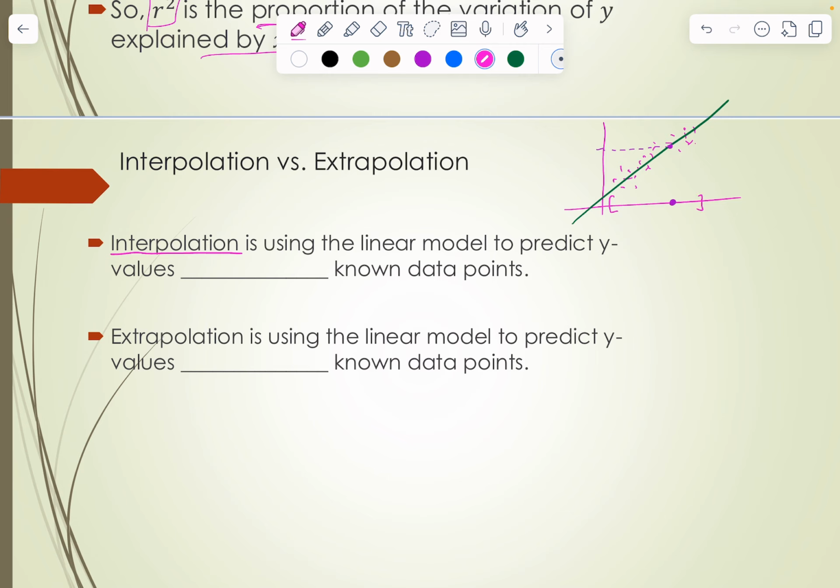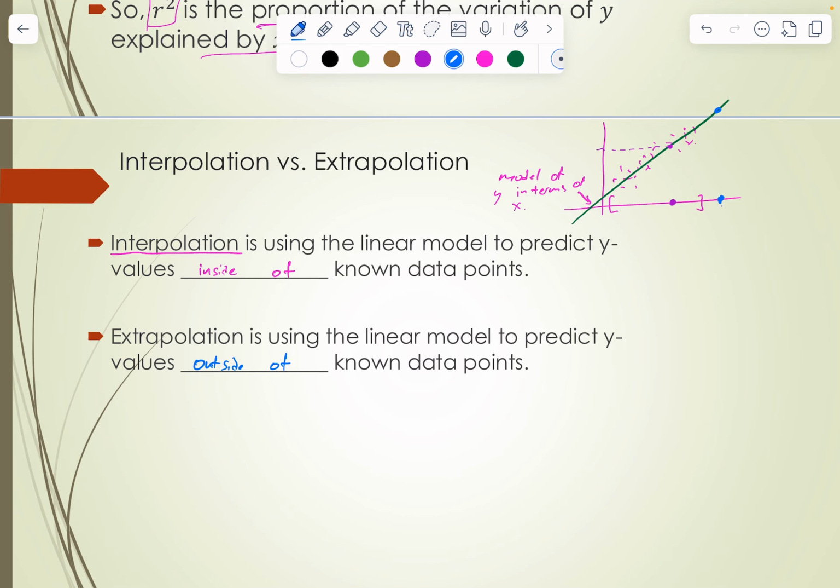That's called interpolation: using the linear model to predict y values inside known data points. Extrapolation is using the linear model to predict values outside known data points. So that would be using this linear approximation to approximate this blue point here.